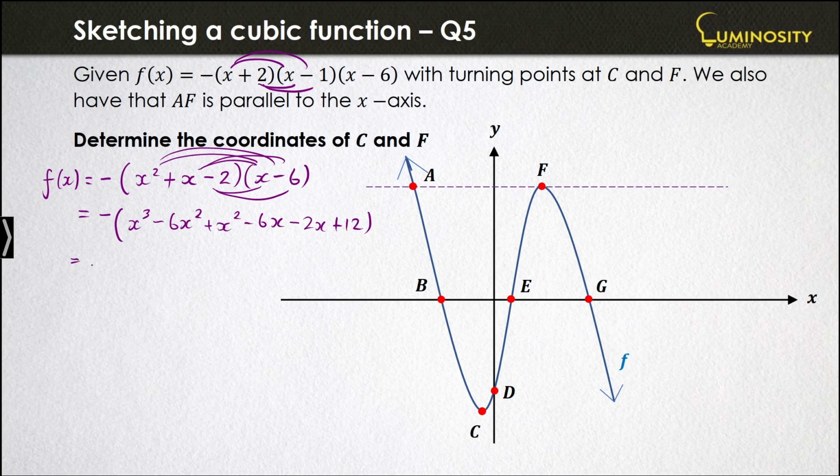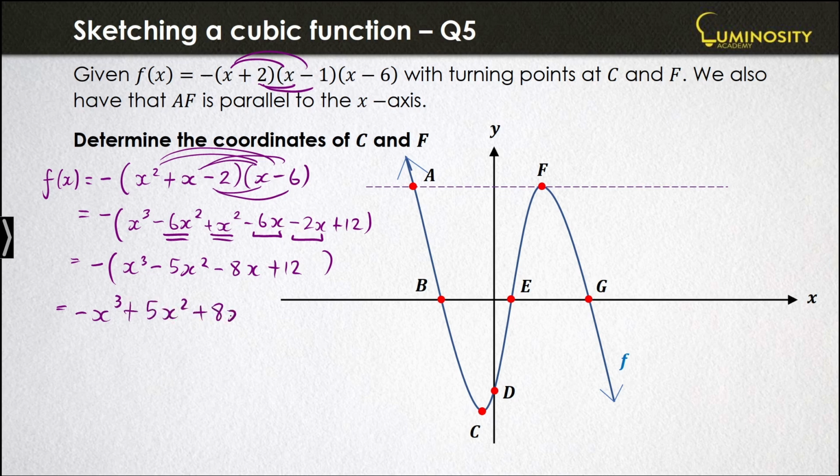So I have negative, let's clean up inside the brackets: x cubed, negative 6x squared plus x squared, that's -5x squared. Then I have negative 6x minus 2x, that's -8x, plus 12. And then expanding the negative out, it's negative x cubed plus 5x squared plus 8x minus 12.